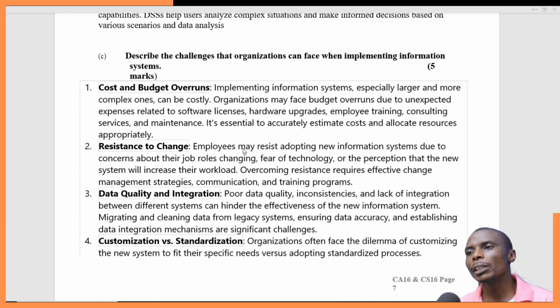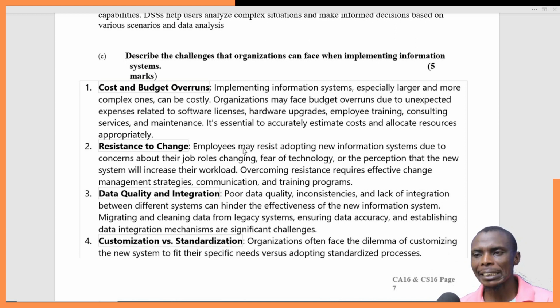Sometimes, especially when the information systems are very large and complex, there might be what we call budget overrun, because unexpected expenses come up related to the software, maybe licensing, maybe some hardware needs to be upgraded, maybe some employees need to be trained extensively, maybe some consultation has to be made, and even maintenance. So this will interfere with the estimated cost that was allocated for this information system.